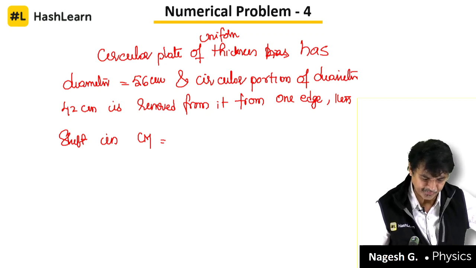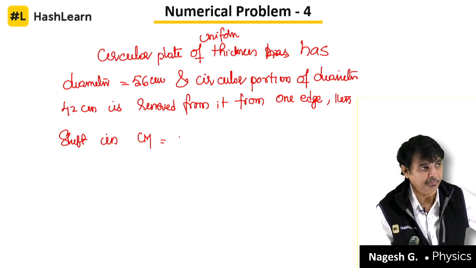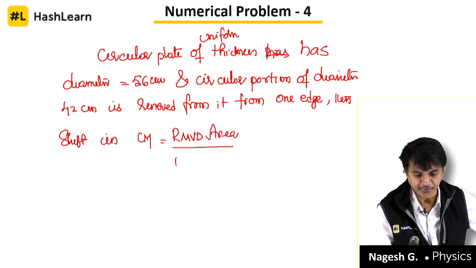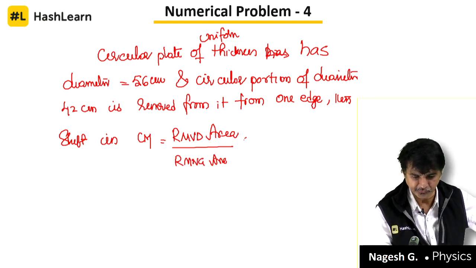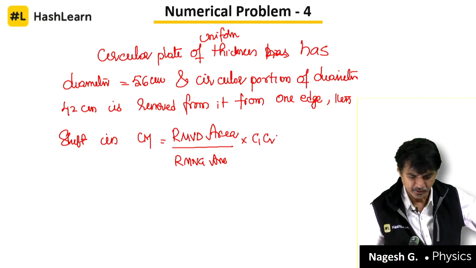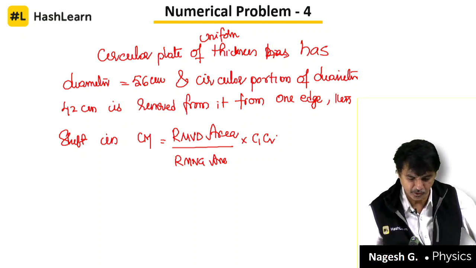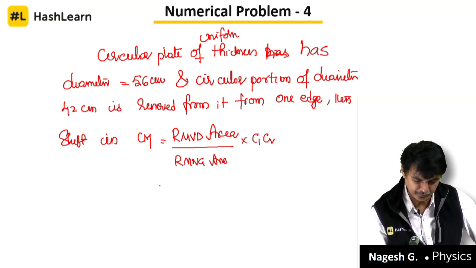So, shift in center of mass, as it is two dimensional, is removed area divided by remaining area into C1C2. They mention the diameter of the smaller one removed is equal to 42, so radius is equal to 21.